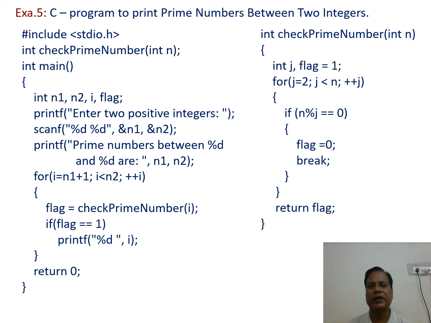This indicates the end of the program, and the value 0 is returned to the operating system, indicating that the program is executed properly. So in this way, when this program is run, the prime numbers between the two ranges get printed.